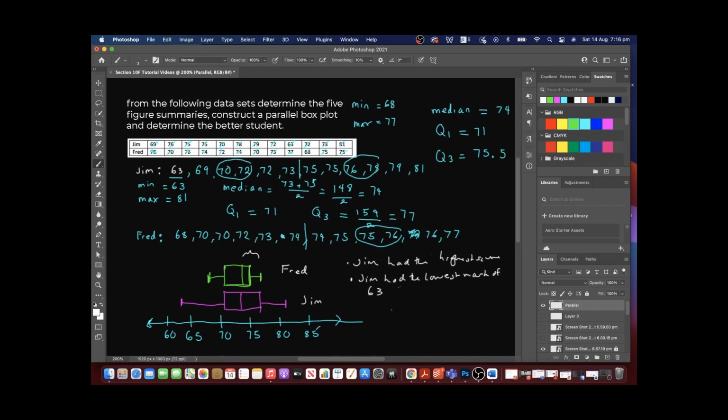And we can also write that Fred's top 25% were all similar scores.